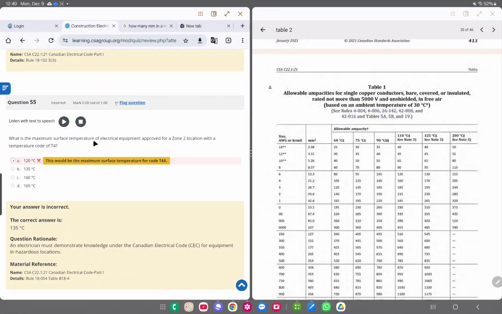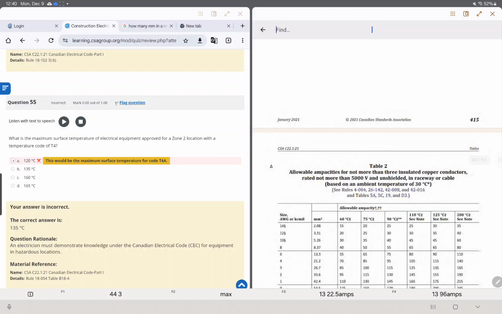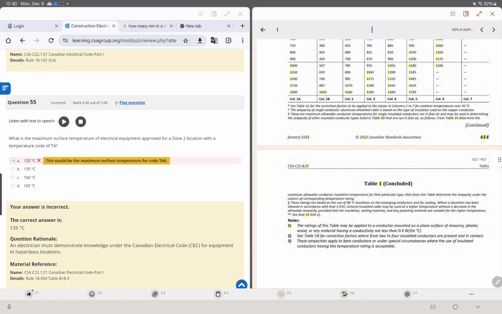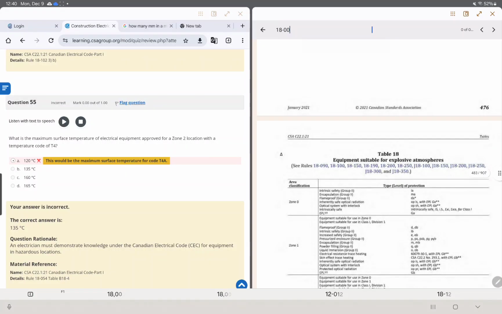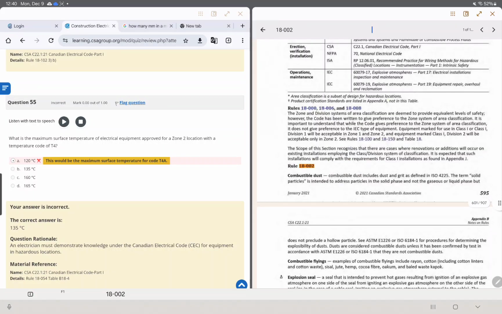What is the maximum surface temp of electrical equipment approved for a zone 2 location with a temperature code of T4? So the answer is 135. How do we find this? This is a section 18 question. Let's say 18 and let's try 002 or something, right?